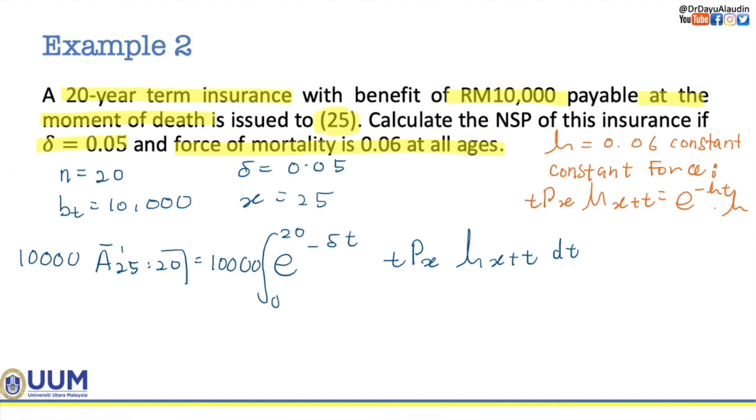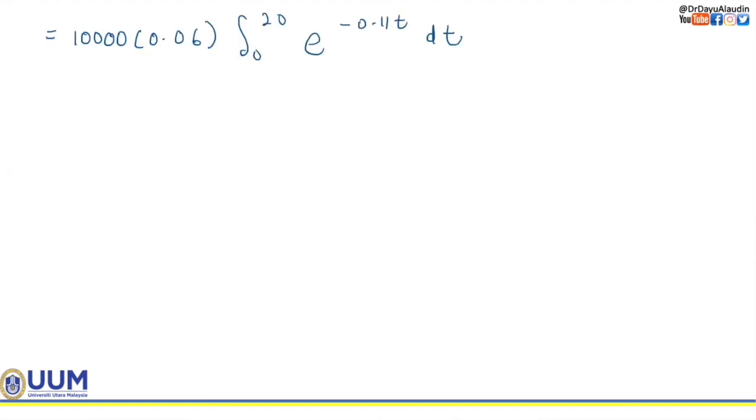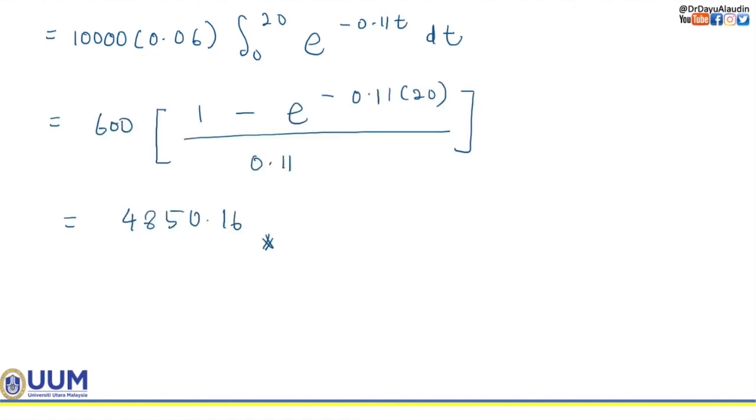Then we plug in all the values. And we take out the constant outside. And we solve the integration part. And we get 4,850.16.